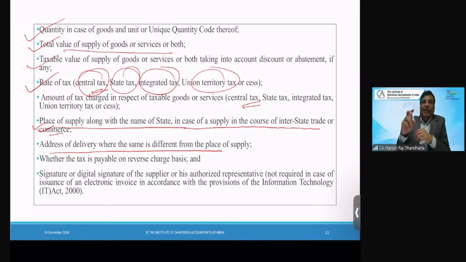To identify place of supply, there are certain rules in the GST, which are given in section 12 and section 13. But address of delivery means where the actual delivery will take place. And these two can be different. Can any one of you give an example where this will be different? Place of supply and address of delivery.